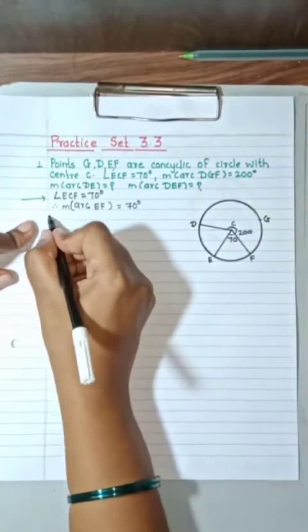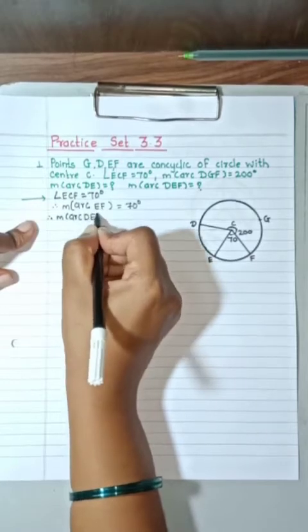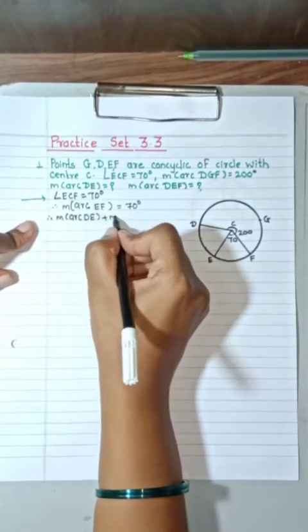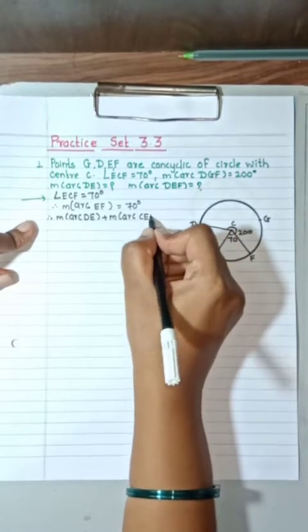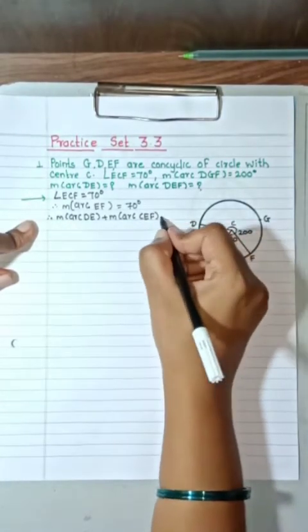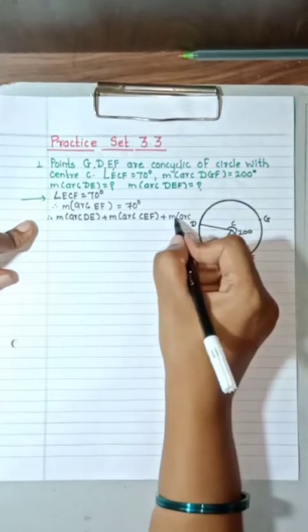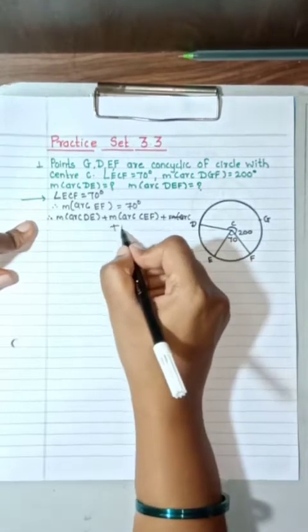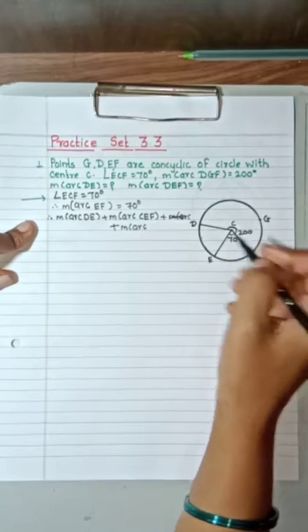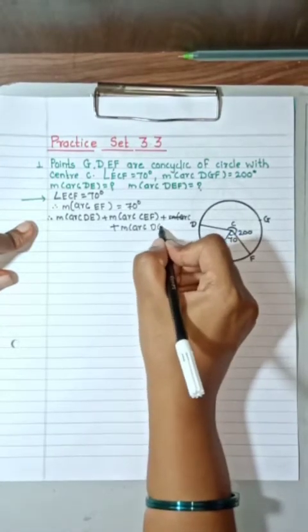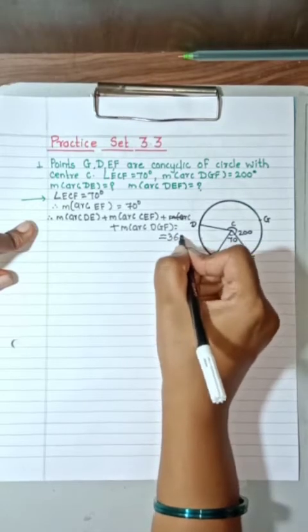Now measurement of arc DE plus measurement of arc EF plus measurement of arc DGF is equal to 360 degrees.